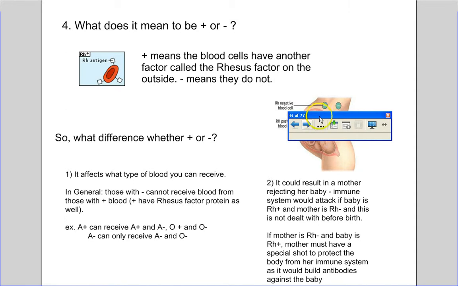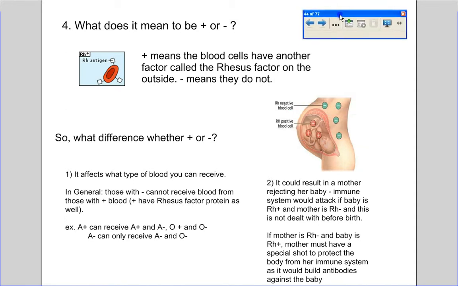What does it mean to be positive or negative? So we had talked about that too. Basically, if you're positive, it means you also have another factor, another glycoprotein with another sugary part sticking out. It's called the rhesus factor. So that means if you are positive, then it's okay for you to have positive or negative blood.